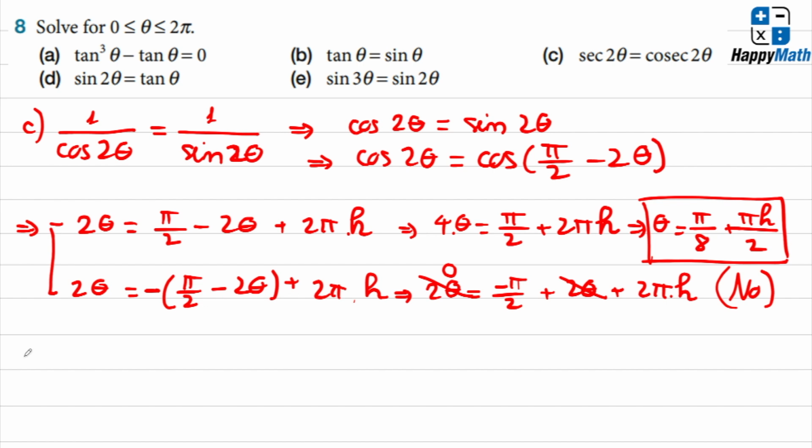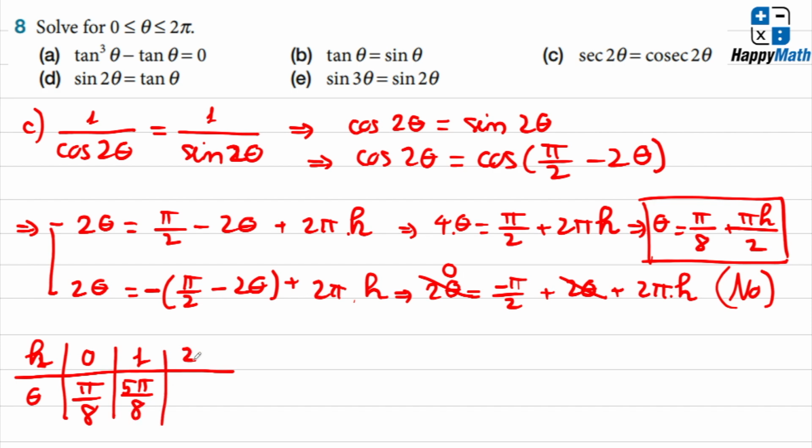And now make the table between k and theta. For k equal to 0, I think that's possible, right? Pi over 8. And how about 1 here? 5 pi over 8. How about 2? 9 pi over 8, that is possible. How about 3?